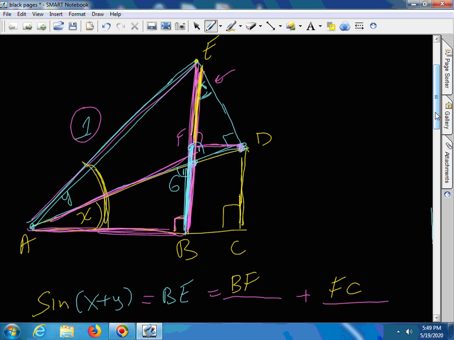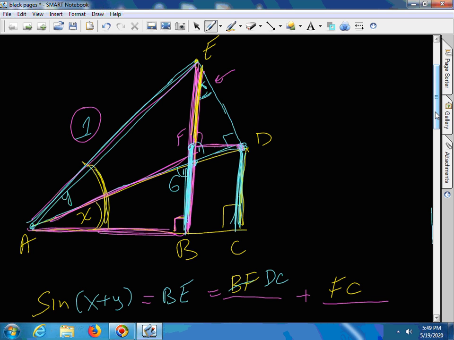But you know what? BF is the same length as BC. So I can call this BC. Now, let us find out how to write BC in terms of trig functions, etc.